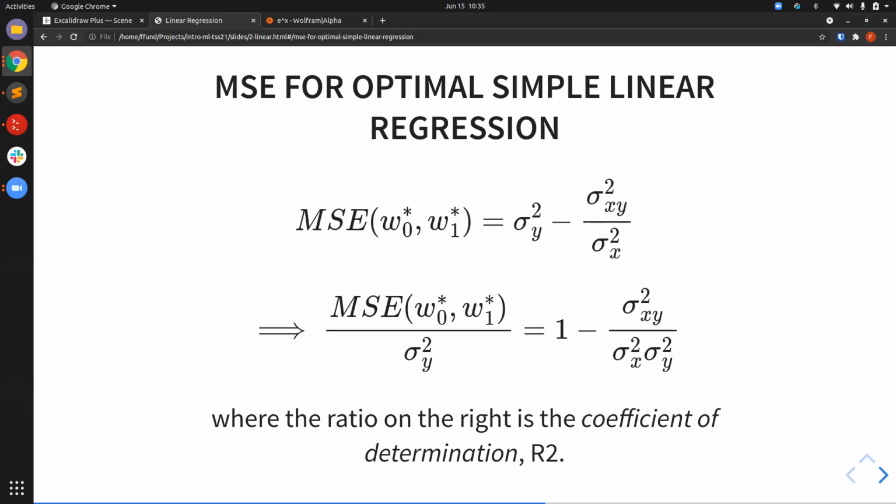Okay. So when we use the optimal parameters, then we can say exactly how good the model will be as a function of the variance and covariance in the data. And in that sense, it's based only on the data. But of course, if we didn't use optimal parameters, then our actual error could be worse than you would think just from the data itself.